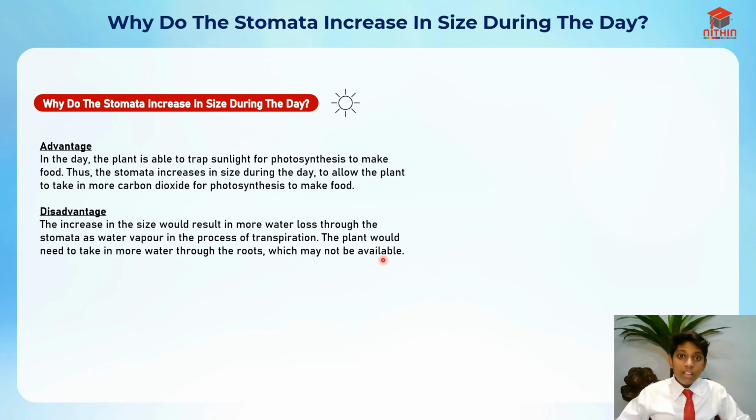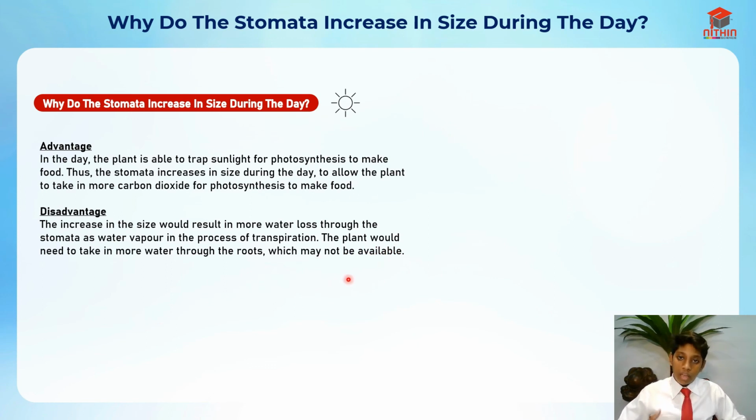And thus when it loses water, it's basically like dehydration, you know. When you lose water, you need to drink water again, right? So when you sweat, you drink water, right? Because you're tired and you have lost water and your body needs water. And this is the same thing for the plants. So the plants need to take in more water through the roots.